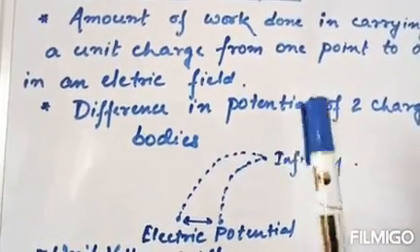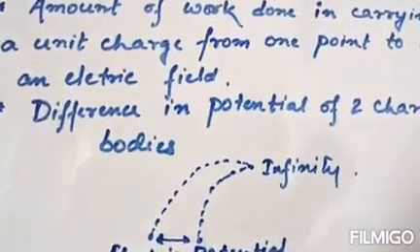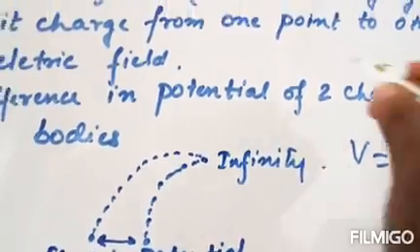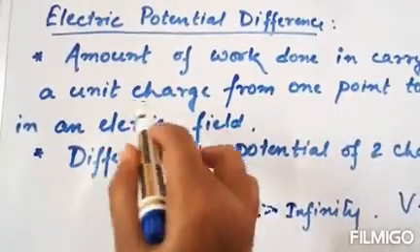The unit of potential difference is the volt, and potential difference is also measured by work done per unit charge, the amount of work done in carrying a unit charge.